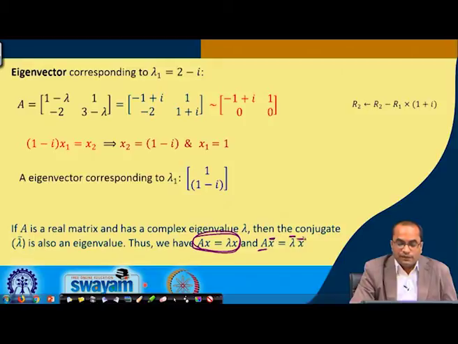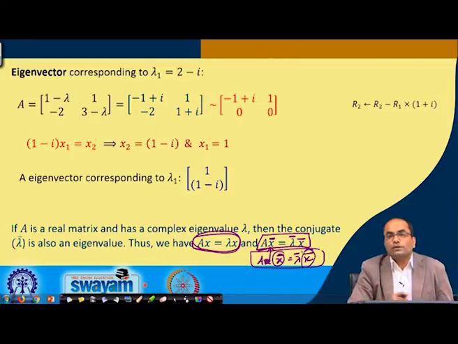So again the eigenvalue-eigenvector equation is satisfied for x bar, the conjugate of x, and the right-hand side is just lambda bar, the eigenvalue, times x bar. So this tells us that x bar, the conjugate of x, will be the eigenvector corresponding to lambda bar.